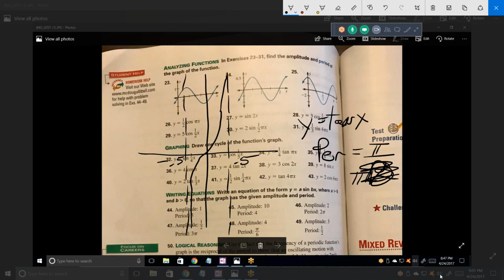Well, this is a shrink, which means if I wanted to draw a tangent curve that had been shrunk, it's going to look far more like this. All right. Notice that every point on the red is closer to the x-axis by 1/4. So it has to be a shrunk curve.